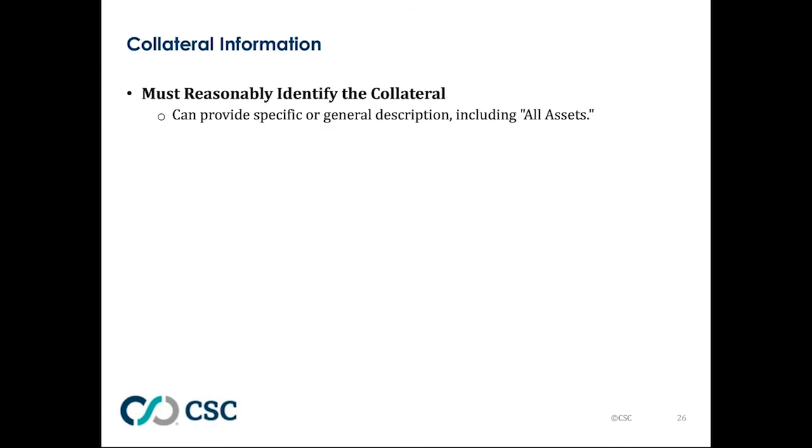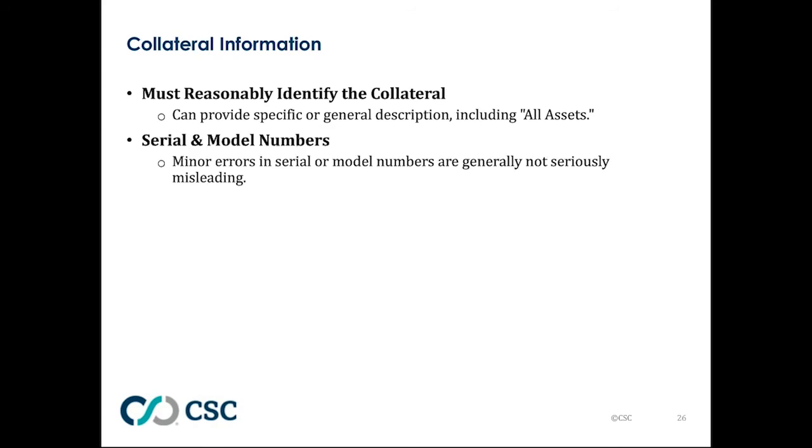It could be by type or category, such as equipment. Perhaps inventory would cover that. And it can even be by a super generic description, such as all assets or all personal property of the debtor. So the collateral can be described any number of different ways, which means that interpreting it, the searcher has to read that collateral very broadly and give the benefit of the doubt to the filer.